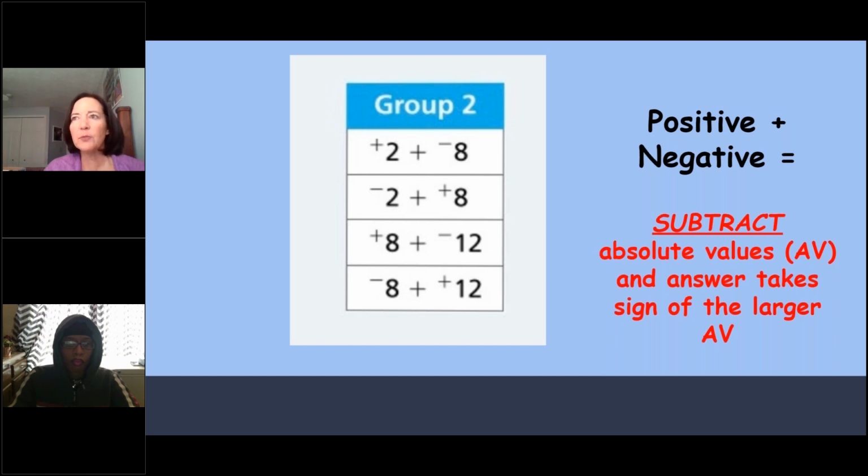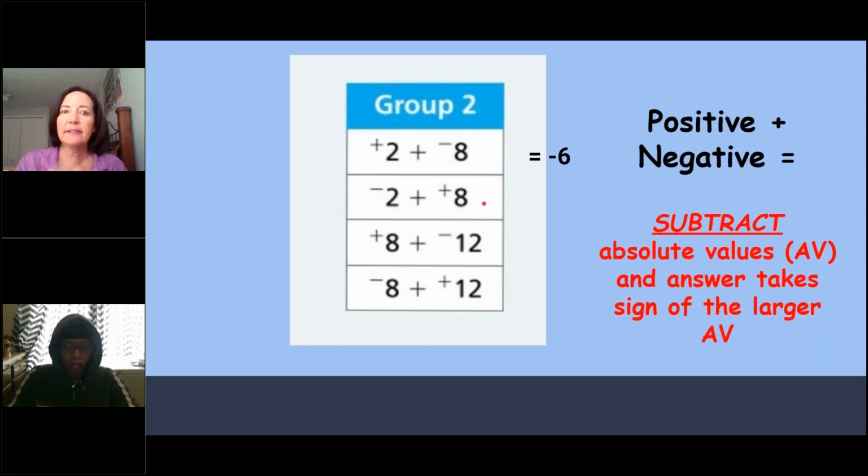And absolute value means which one is farther from 0. So what would it be, a positive or a negative? A negative, because of the 8. Nice, that's it. So we subtract the 8 and the 2 to get the 6, and it's going to be a negative because the -8 is farther from 0. Good job.